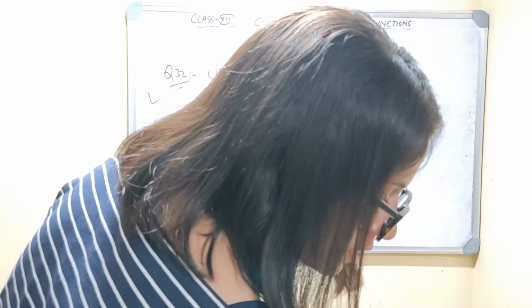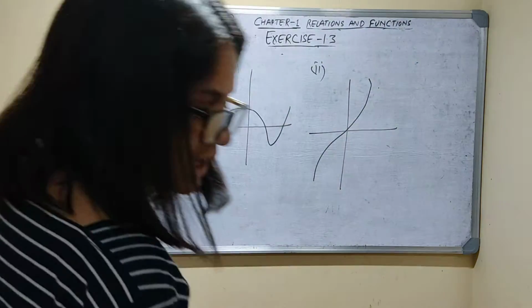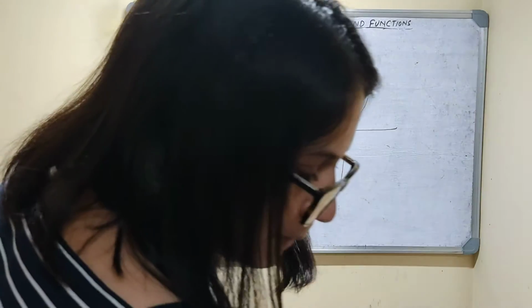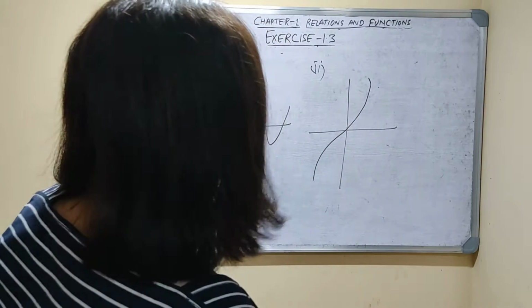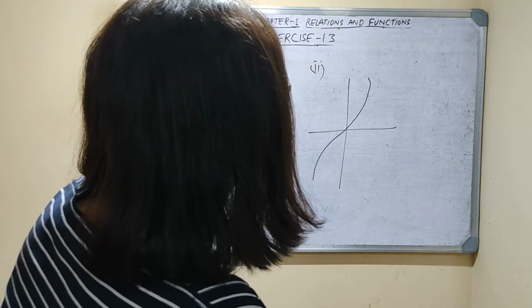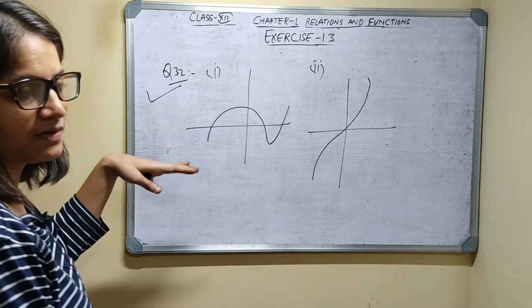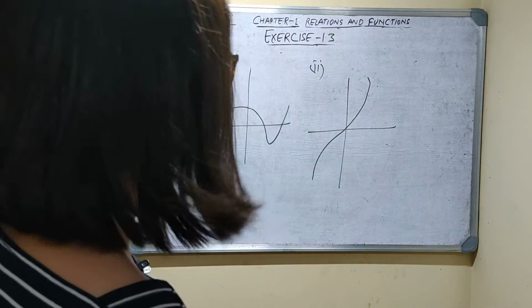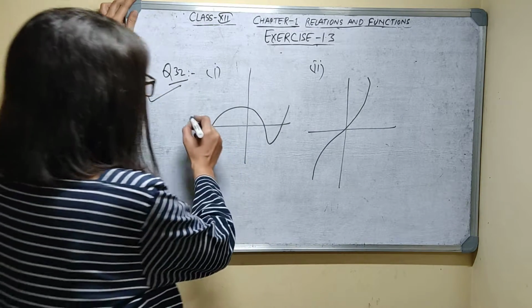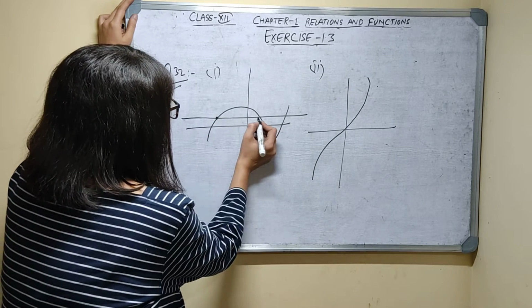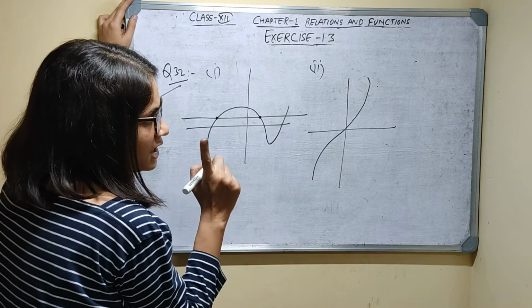This you can do with the horizontal line test. If you draw a horizontal straight line parallel to the x-axis and it meets the graph at a maximum of one point, that is the test, just as we did the vertical line test for normal functions. Here the horizontal line can cut only once.